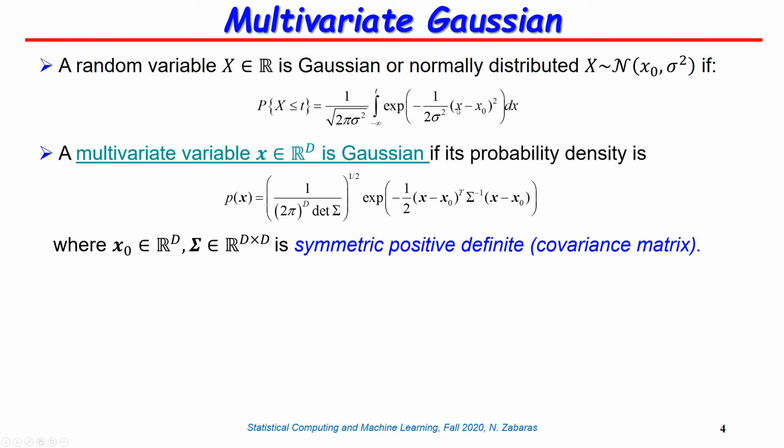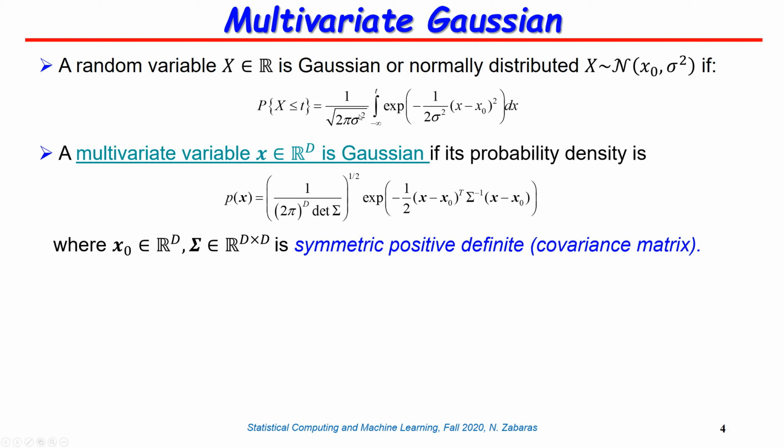Things in some sense look similar in the exponential. Of course, the 1 over sigma squared has become the inverse covariance matrix, and the square in x minus x0 has now become x minus x0 transpose times x minus x0, because remember that x and x0 in our case are vectors.